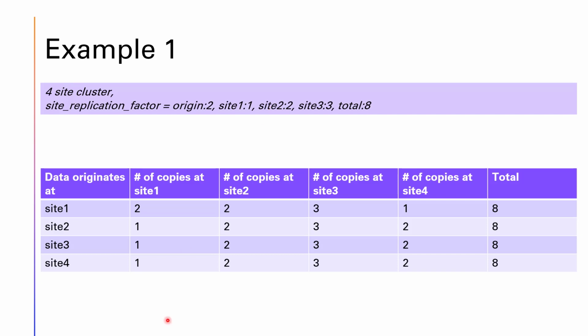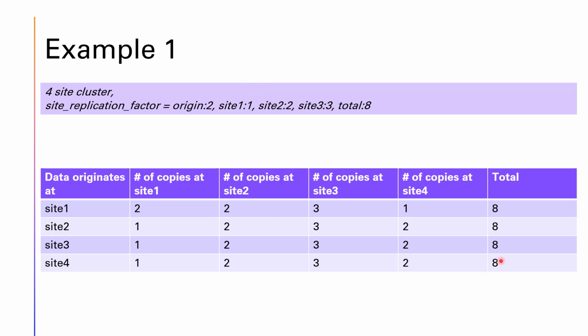Now this is interesting because we have defined total in such a way that even though I have not explicitly said how much site 4 needs to get, when site 4 is becoming the originator, Splunk has to assign these 2 copies there, right? So accordingly I have set up the other sites.